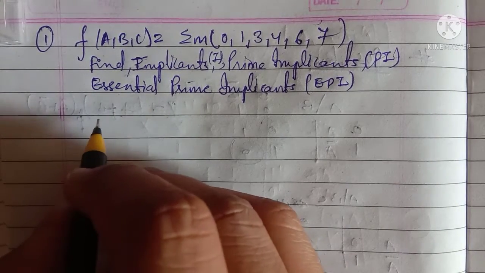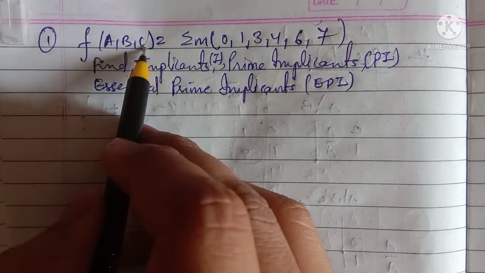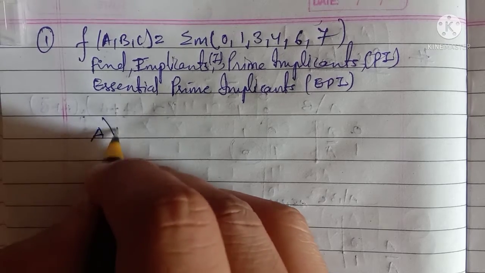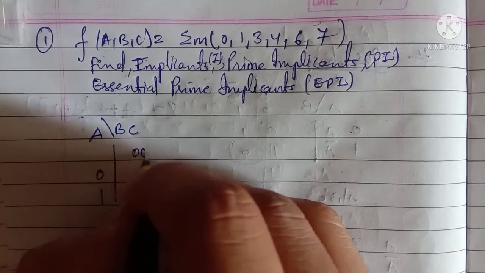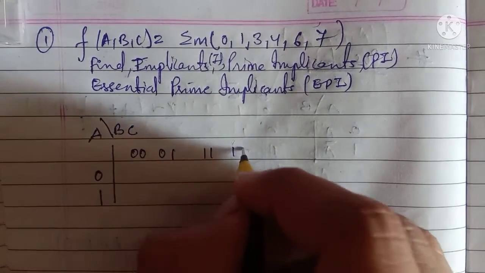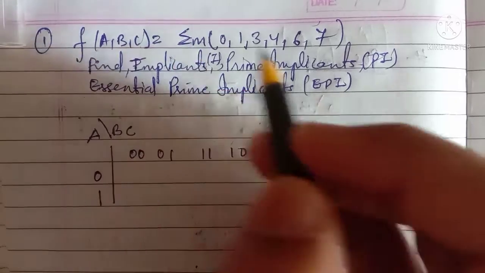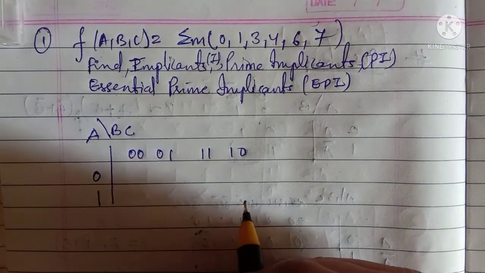So three variables are there, that is A, B, C, where A is the MSB and C is the LSB. I am just making a K-map. I have not taught you this basic part, but this is what the small m's say: the min-terms.